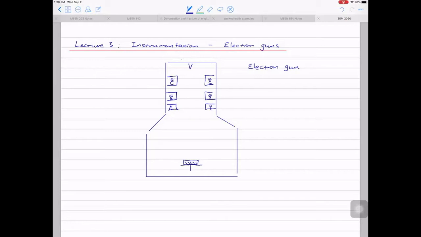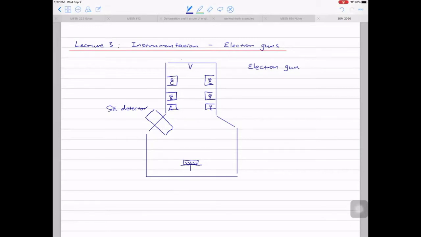The most simple SEM has one detector. It's called SE detector. So let's insert a detector here. SE stands for secondary electrons. We'll cover that in a few weeks.